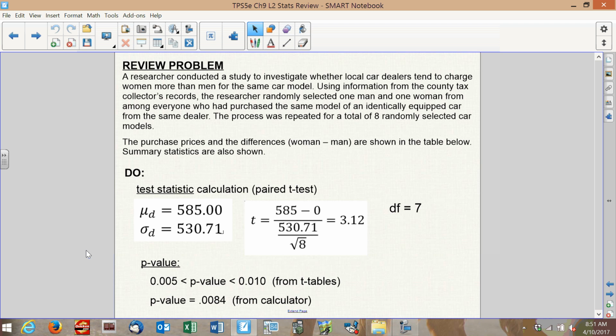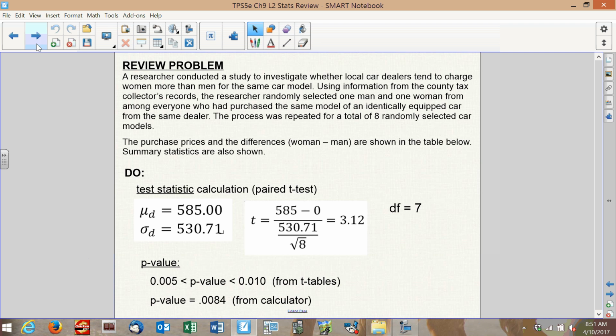Remember, that's not quite the same as a z, and so we have to remember degrees of freedom is 7, and we have to go to that t table under degrees of freedom 7 with a t statistic of 3.12, and we find out from that that the actual p-value from the table is between 0.005, which is 0.5%, and 1%. If we did it on a calculator, we find out it's 0.8%.